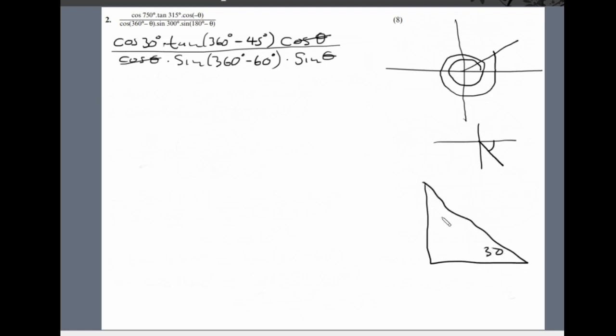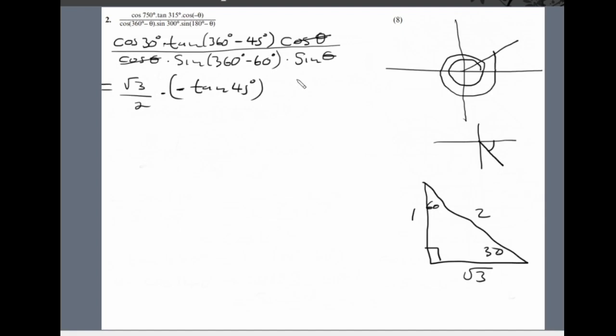And then we go to our special triangle, with 30, 60, 90. Sine 30 is 1 over 2, and then the third side is root 3. So cos 30 will be root 3 over 2, adjacent over hypotenuse. So it's root 3 over 2 times tan 360 minus 45, the fourth quadrant, where tan is negative, so we will have minus tan 45.